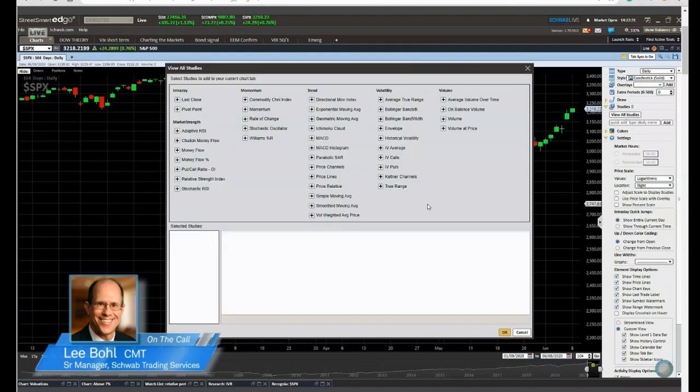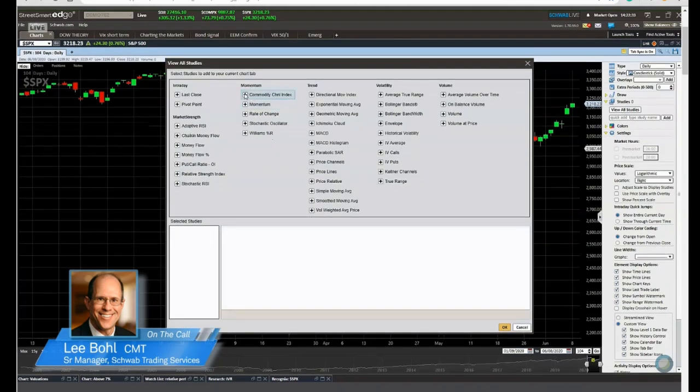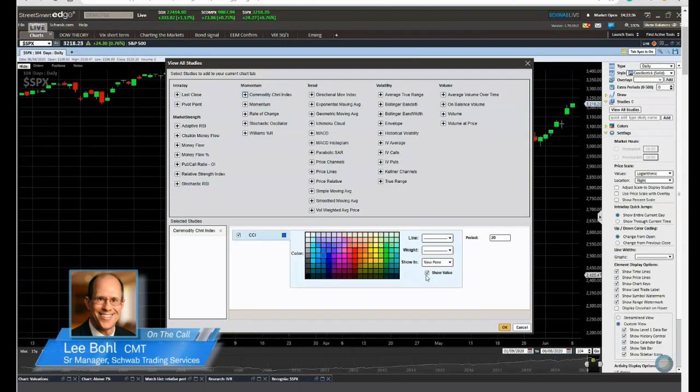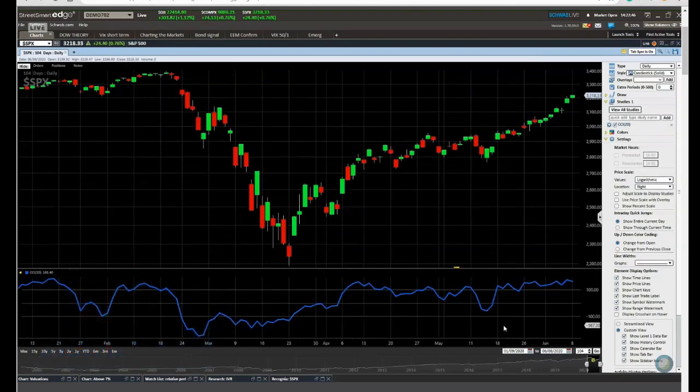All right, so we're going to go to the commodity channel index. And first you start with a line. And again, we could use the default of 20, and we are going to, you got to do this in 2 steps. We're going to just add that to the chart. Now, let us put in a 10 period CCI line in the same study panel.